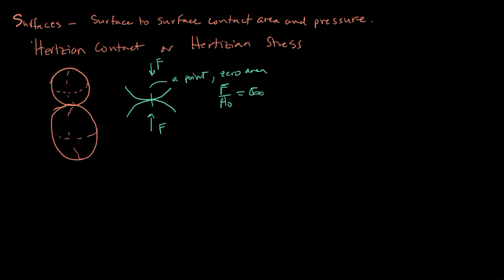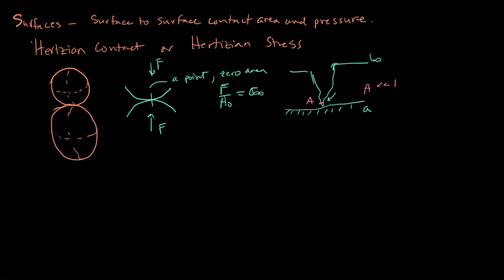So if we're talking about the contact between two surfaces, and we have this surface A, and surface B has this really sharp point on it, and we look at its cross-sectional area, A is much less than 1.